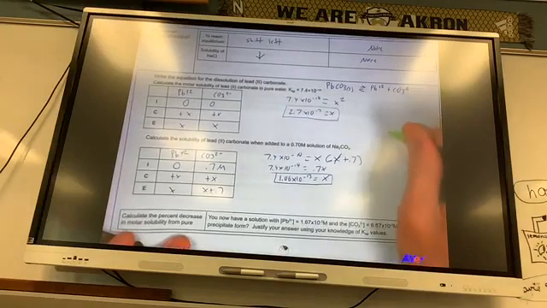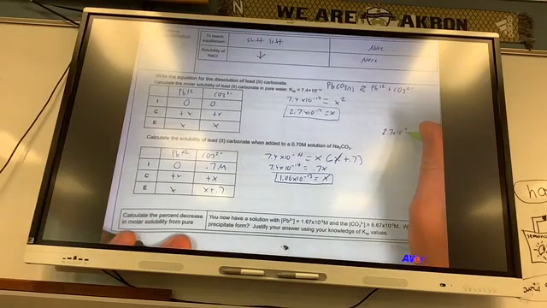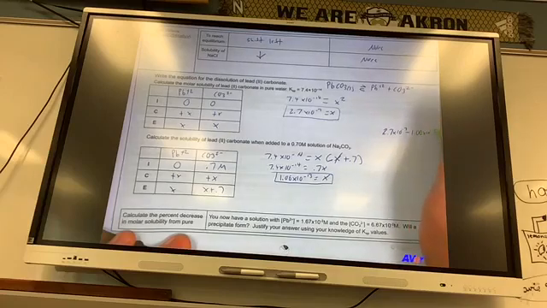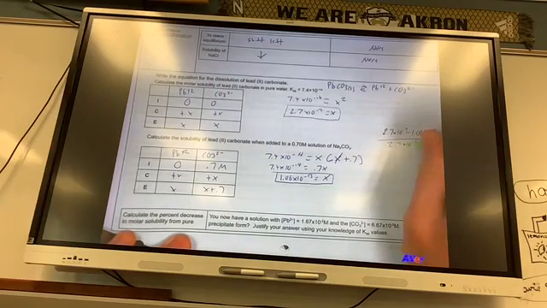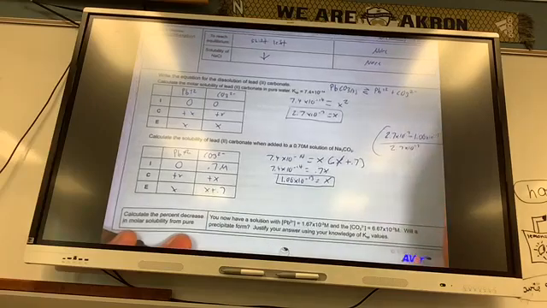So I guess we'll do 2.7 times 10 to the negative 7th minus 1.06 times 10 to the negative 13th divided by my original, which was 2.7 times 10 to the negative 7th. That whole thing would be times 100.